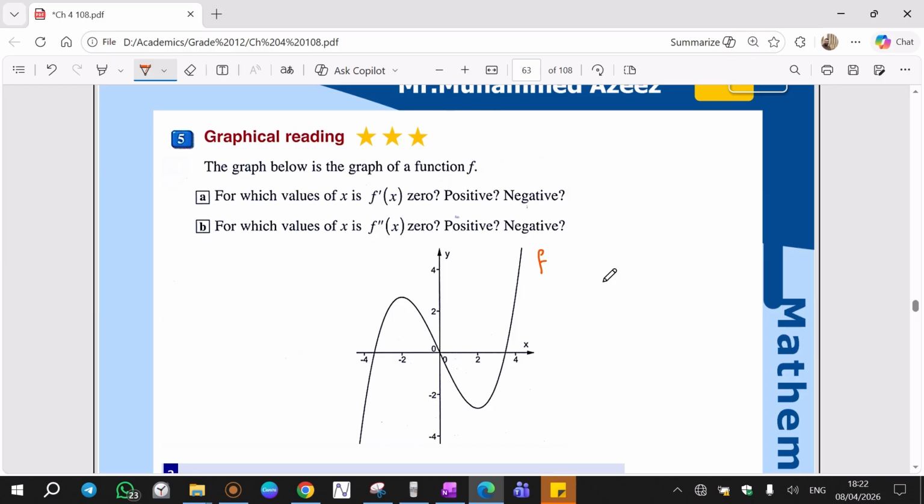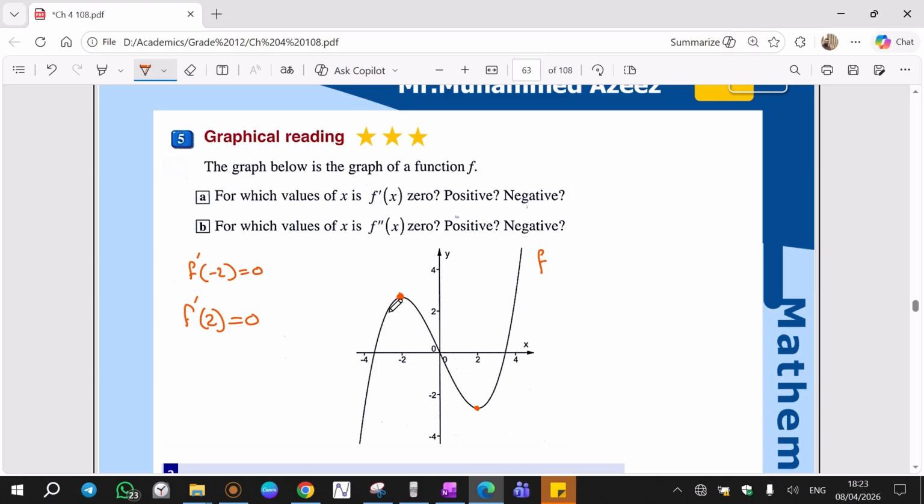And listen to this. How do we think about f? For which value of x, f prime is 0. So f prime is 0 at critical values. Critical value means maximum, minimum. This is critical. -2 is maximum. So from this, I know f prime of -2 is 0. +2 is minimum. From this, I know f prime of 2 is 0. And then it says positive, negative.